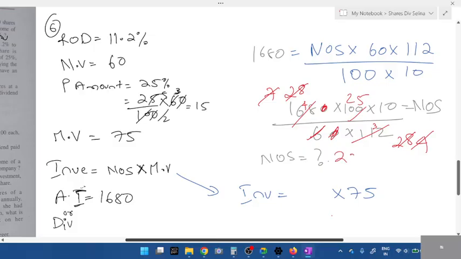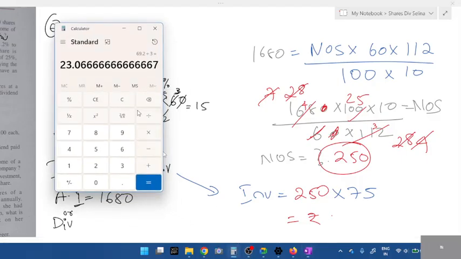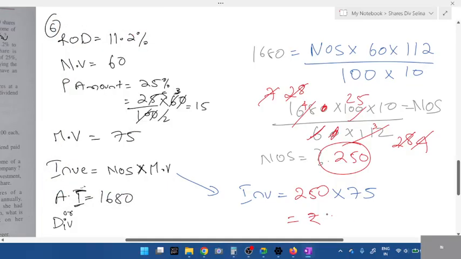Is it 250? Calculate however you want. You'll get the same answer. So this is the answer, rupees 1875.